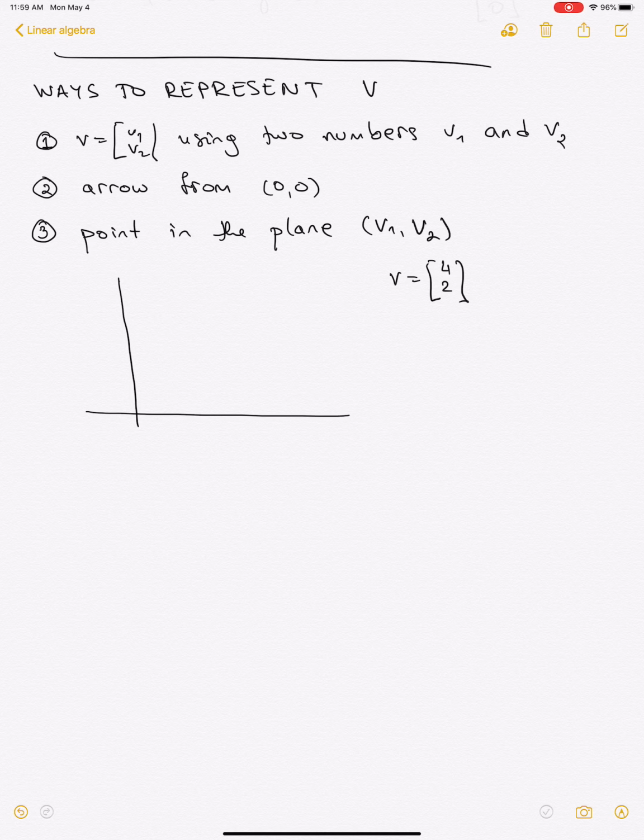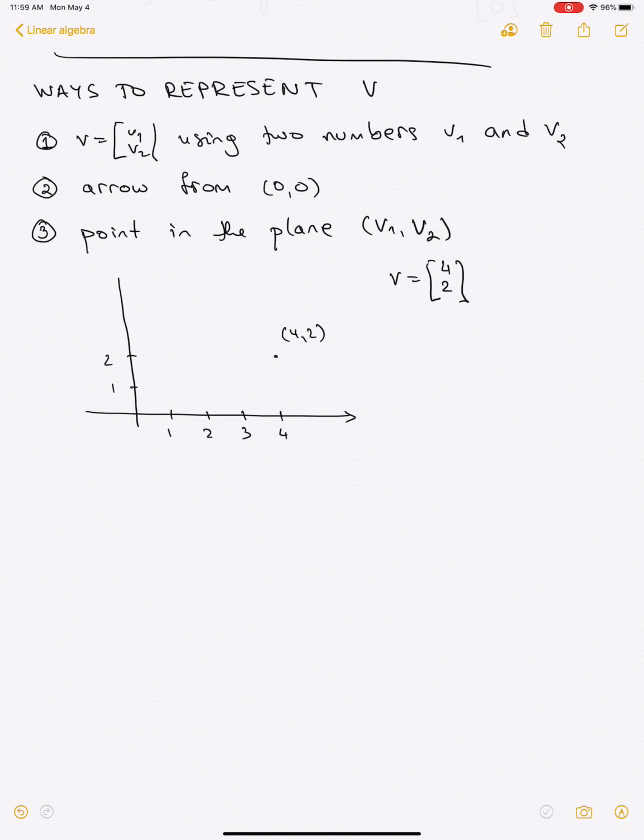So the point would correspond to 4. We have 1, 2, 3, 4 on the horizontal axis, and we have 1, 2 on the vertical axis. Then the point 4, 2 is right here. So this is the point 4, 2.